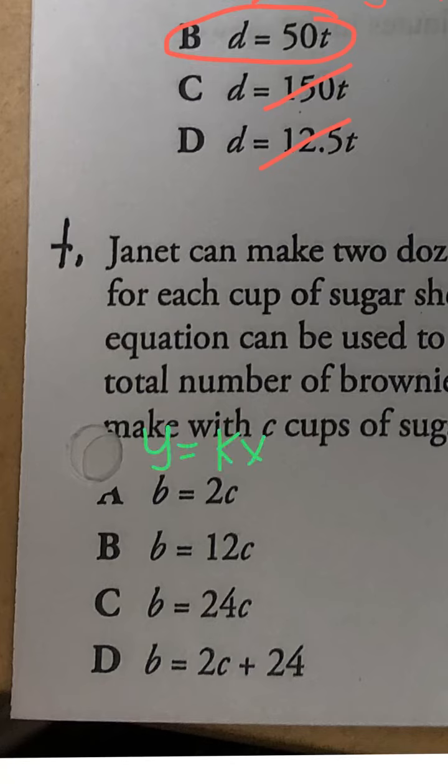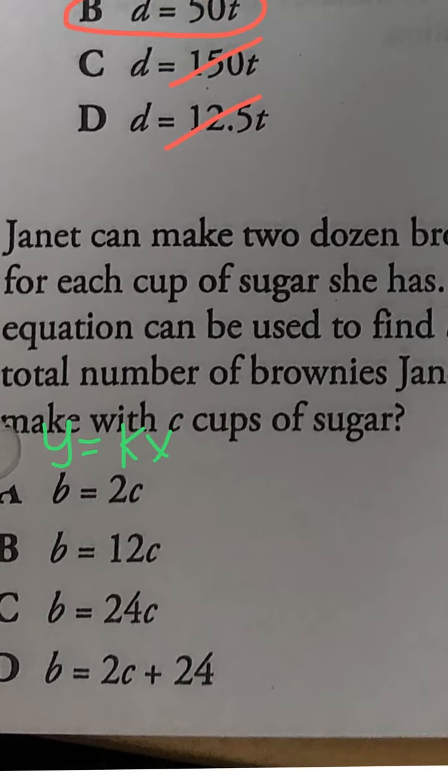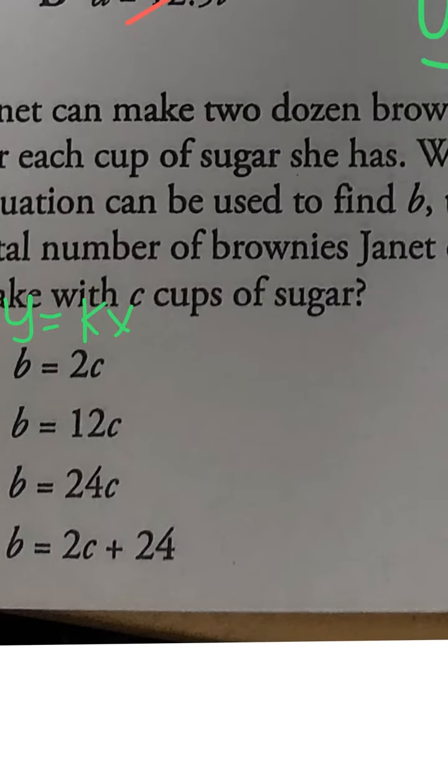That means that my B's are my y values and my C's are my x values. Knowing that, all I want to do is just find k. So remember, k equals y over x.